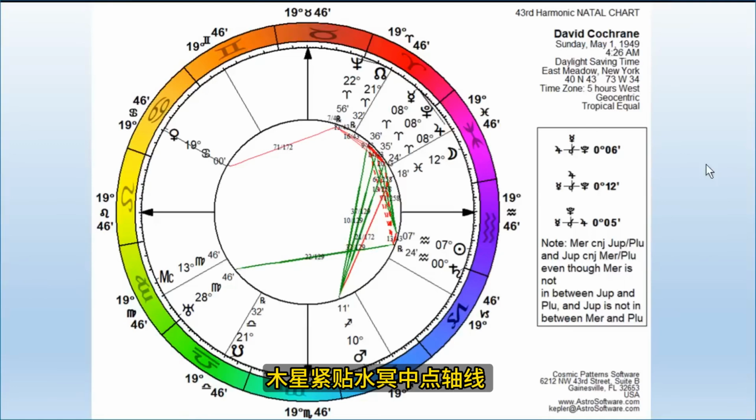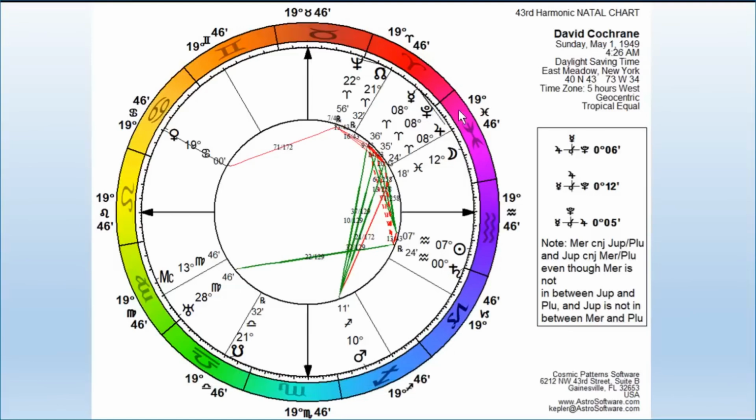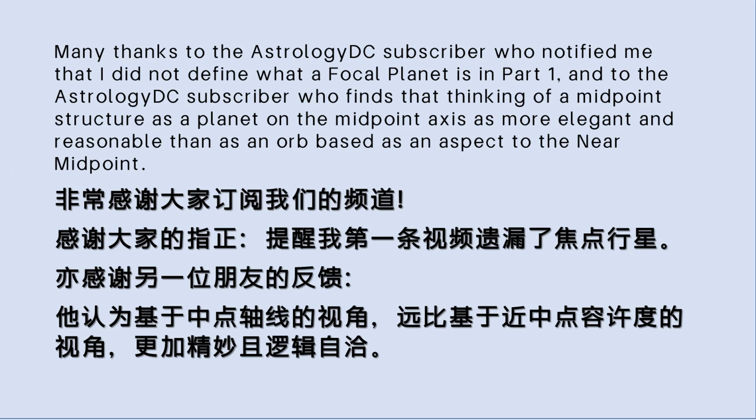And Jupiter is very close to the Mercury-Pluto midpoint axis, and Mercury is very close to the Jupiter-Pluto midpoint axis. All three of those axes are almost identical, and all three midpoint structures work. I just wanted to mention that because it's another question that sometimes comes up. Is Jupiter really at the Mercury-Pluto midpoint, even though it's not in between them? Answer is yes, it is. That seems to work.